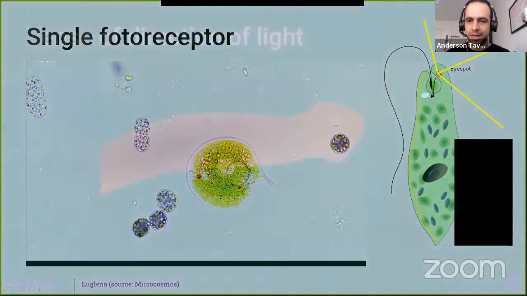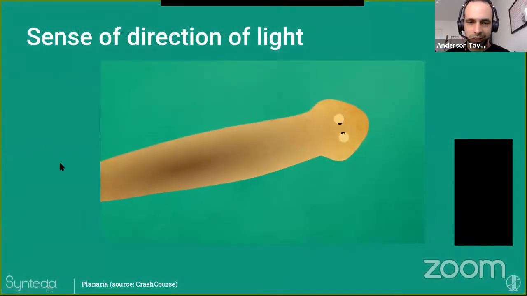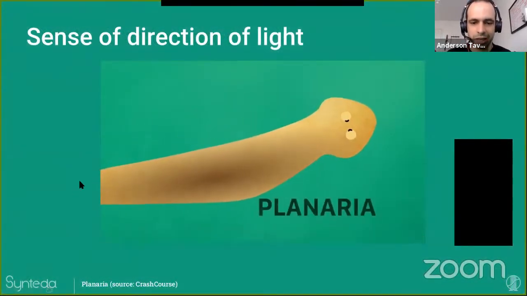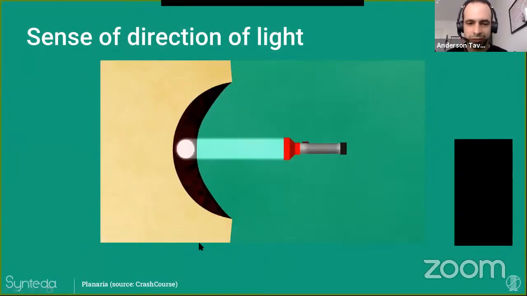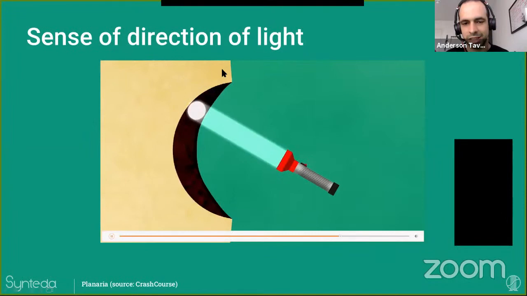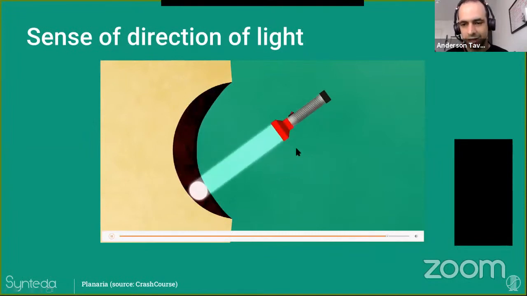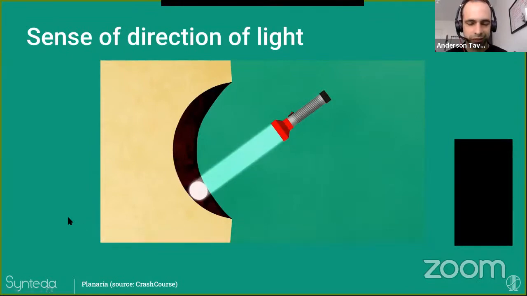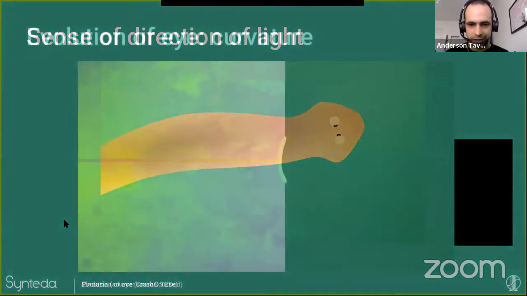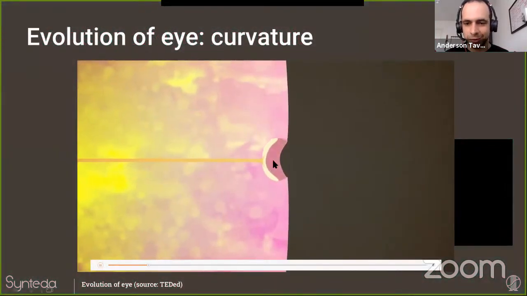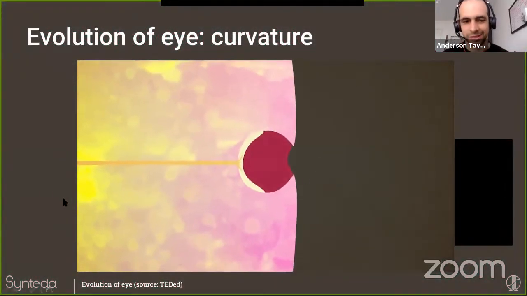That's why evolution helped to get more sense of direction, like in this way, by curving the set of photoreceptors, we could get a better sense of direction of the light. And that's the evolution of our eye.